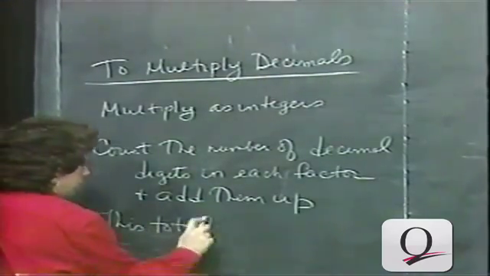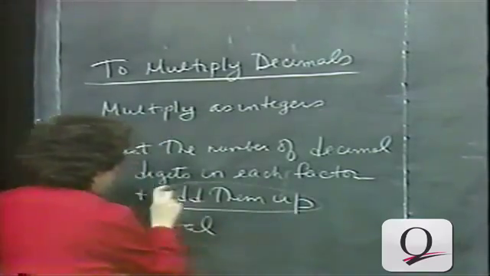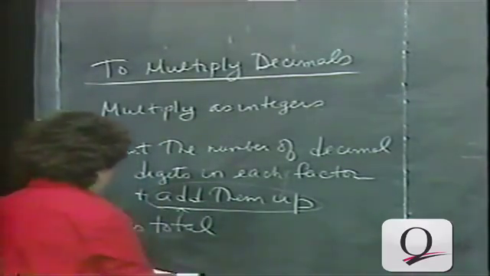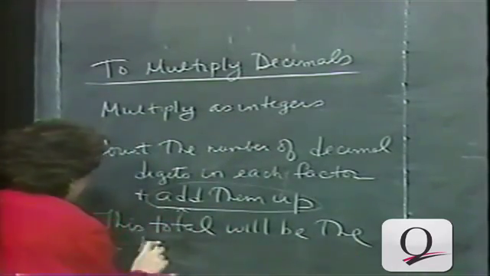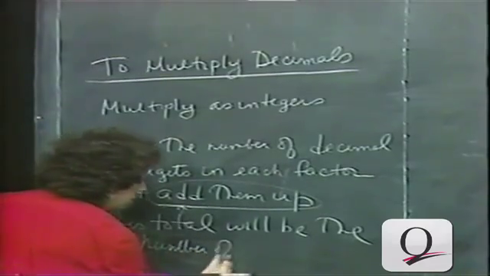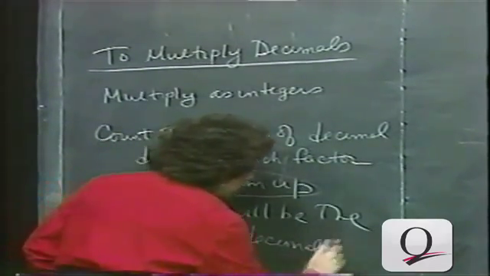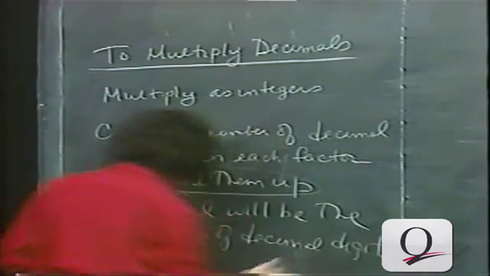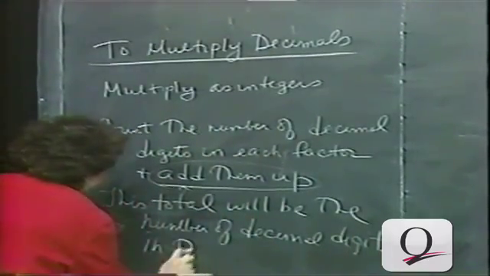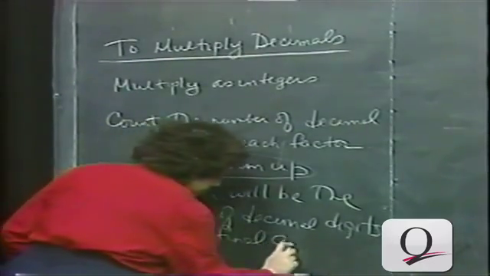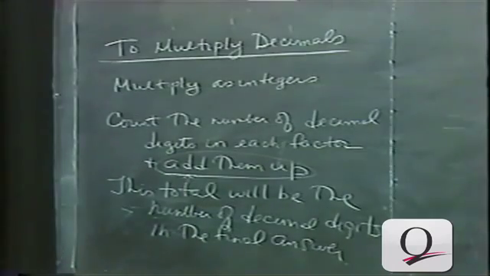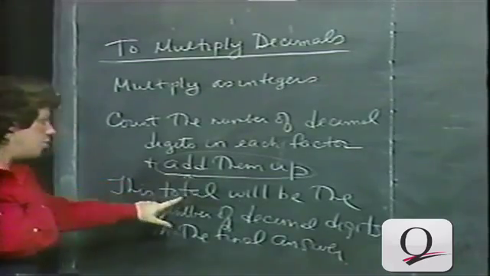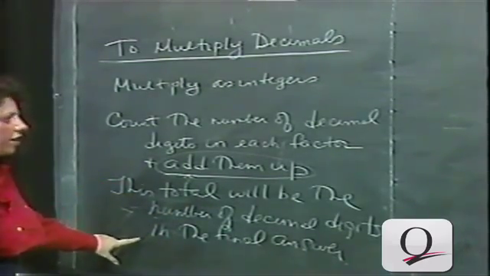This total will be the number of decimal digits in the answer. So we're going to multiply the numbers as integers, count the number of decimal digits in each factor, add them up, and this total will be the number of decimal digits in the final answer.